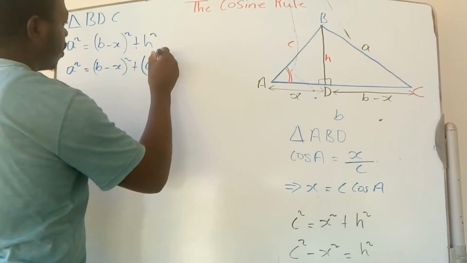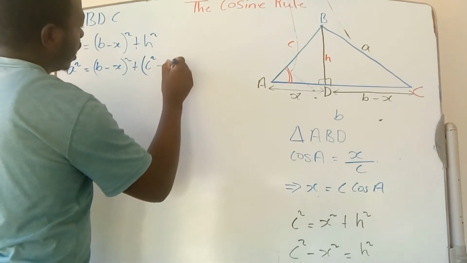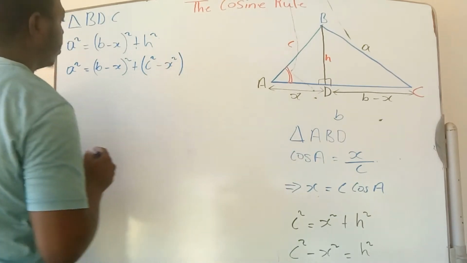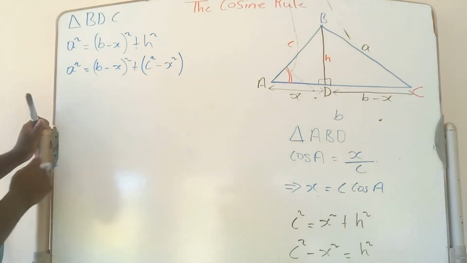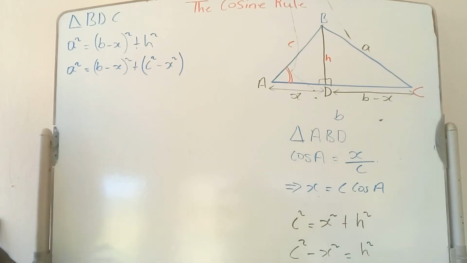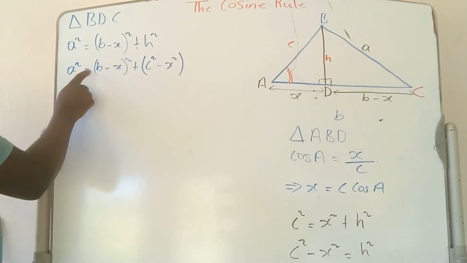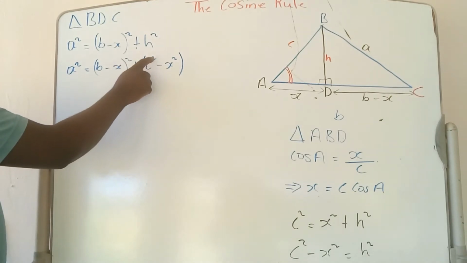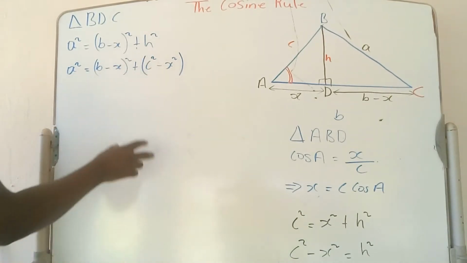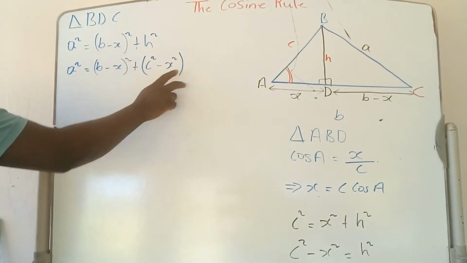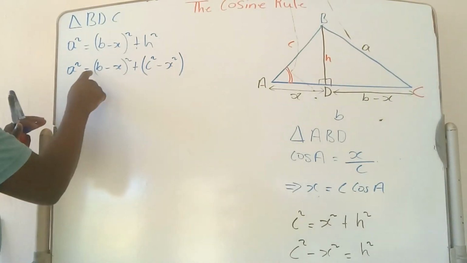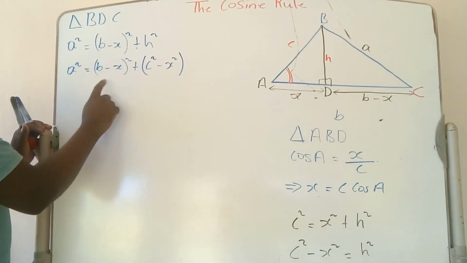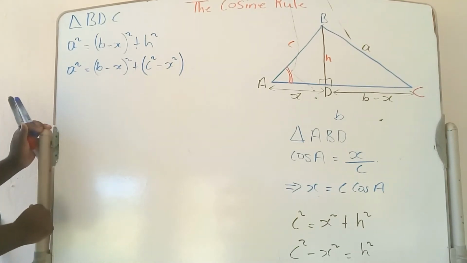So this is c squared minus x squared in brackets, right? So now I have a squared is equal to b minus x all squared plus c squared minus x squared. What I'm going to do is to try to simplify this, right? Now, b minus x all squared means b minus x times b minus x, right?